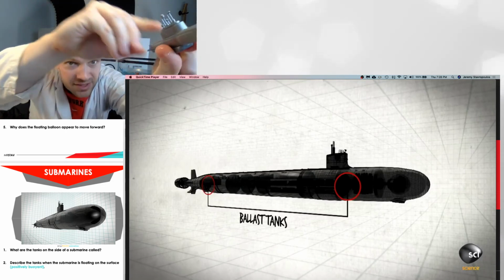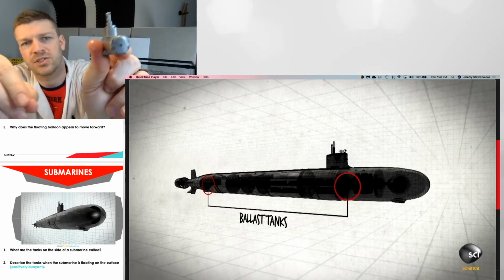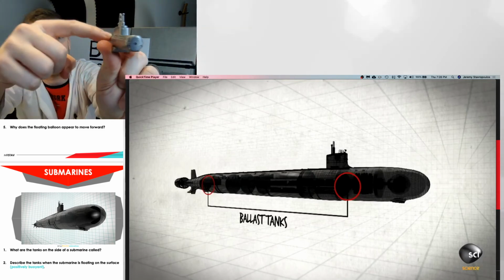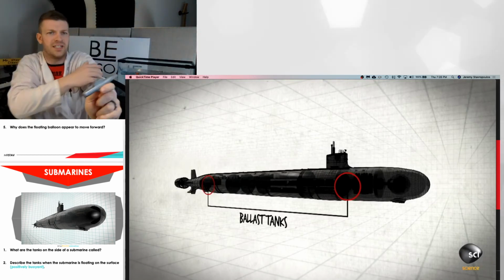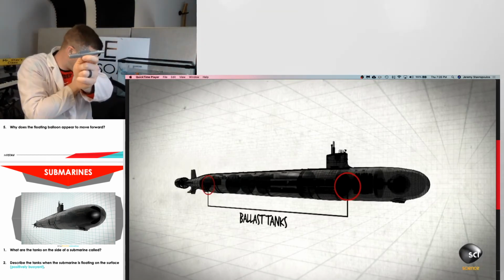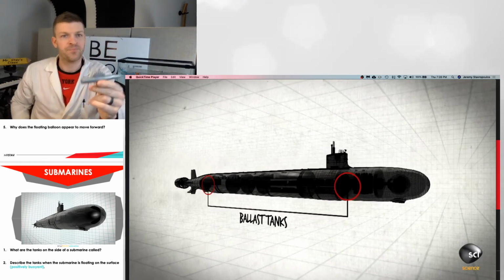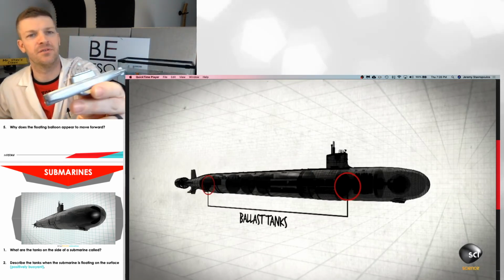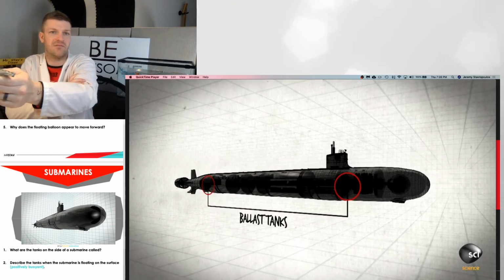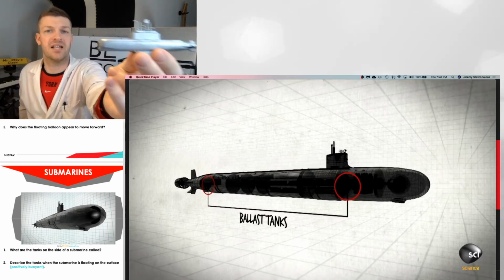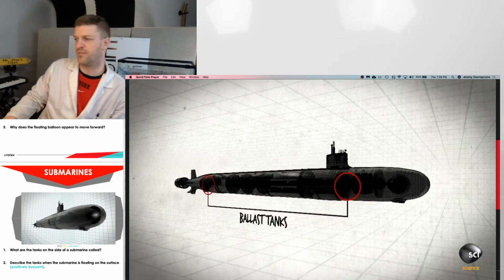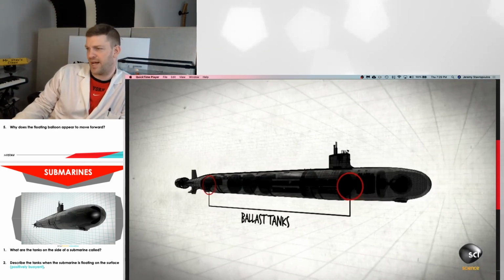Some submarines actually will have a ballast tank along the side, like a swim wing, you know, like kids wear when they go swimming. Those are essentially ballast tanks on the kids' arms. So submarines have ballast tanks, and in this submarine, they have one at the front and the back.